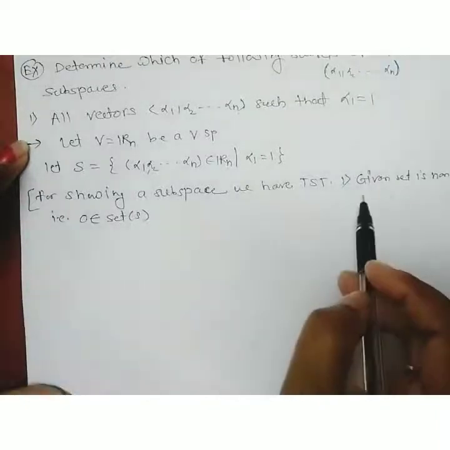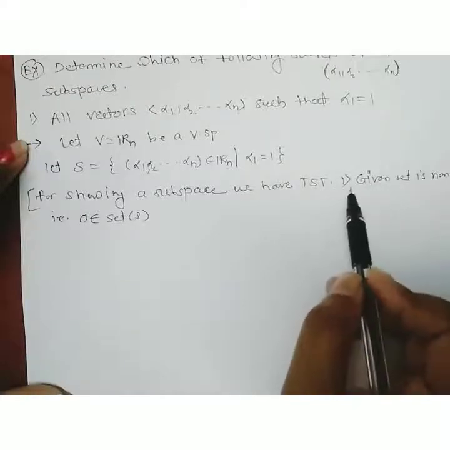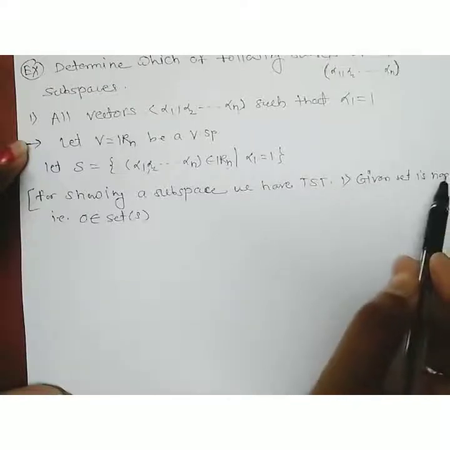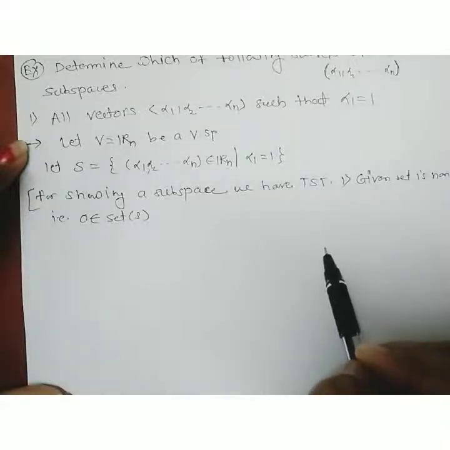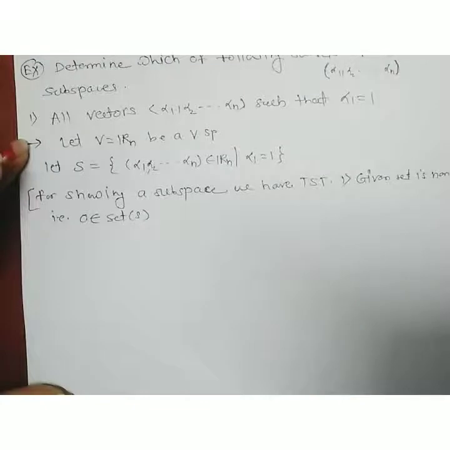If there is no zero element belonging to the set, then the set is not a subspace. So this is the first, very important condition.